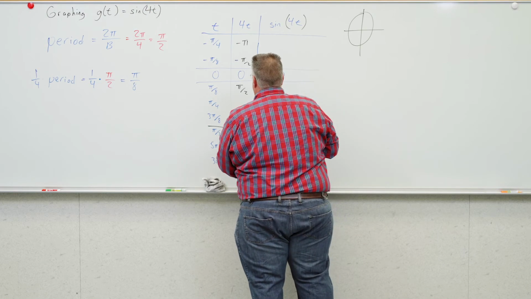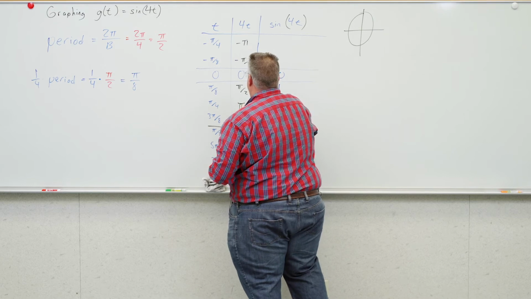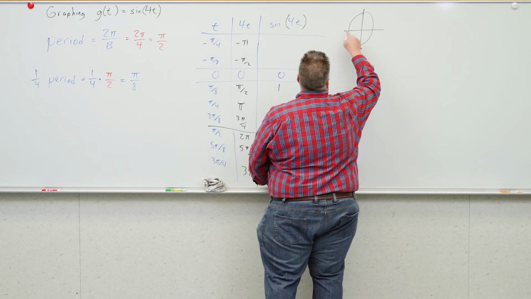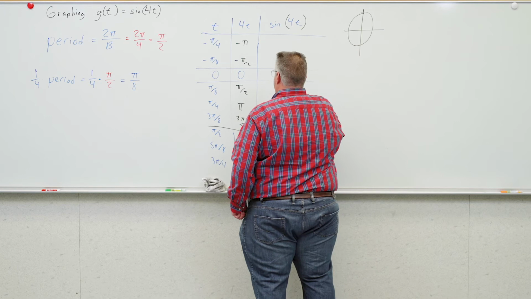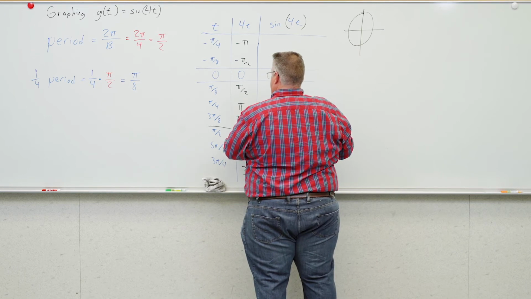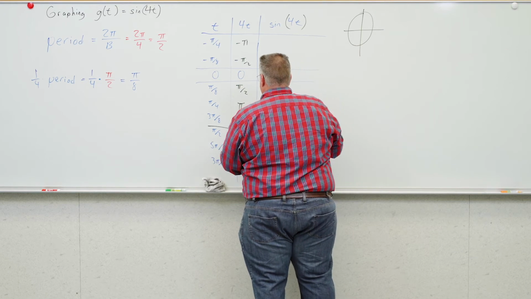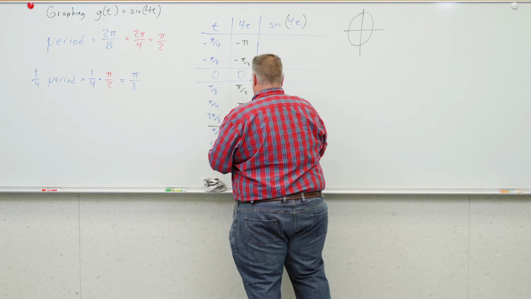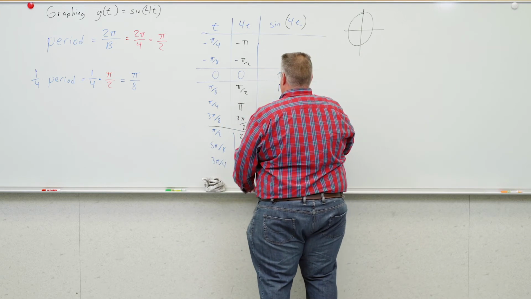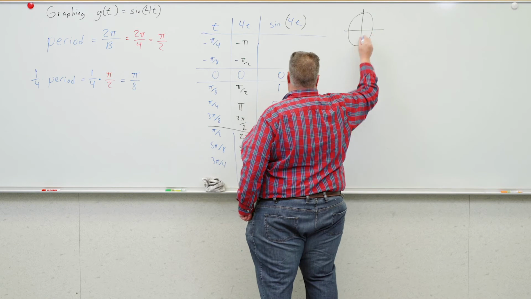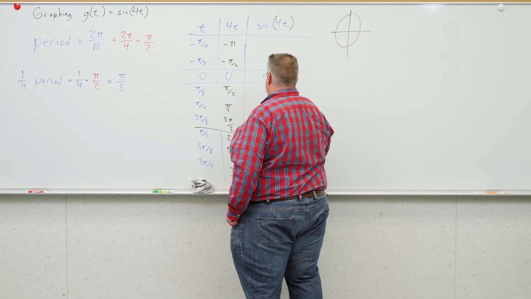That should have been pi. Sine of pi is 0. Sine of, I messed this up badly. Sine of 3 pi over 2 is negative 1. Sine of 2 pi, I'm back to 0.